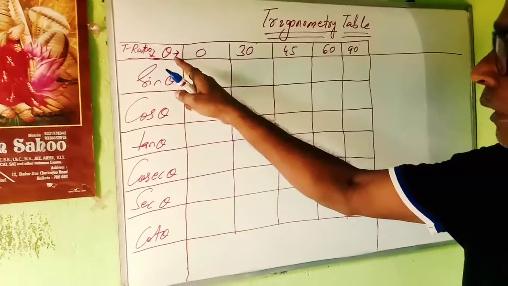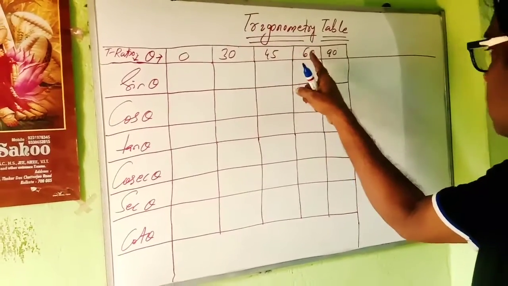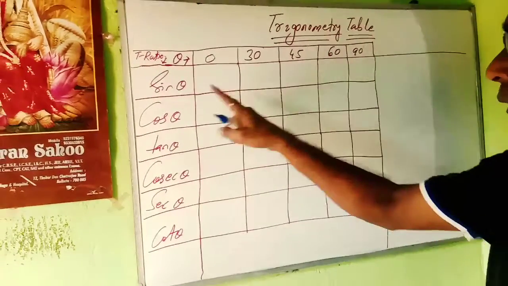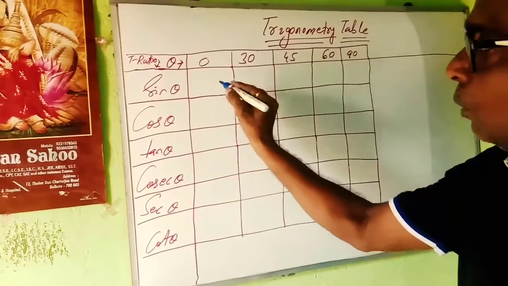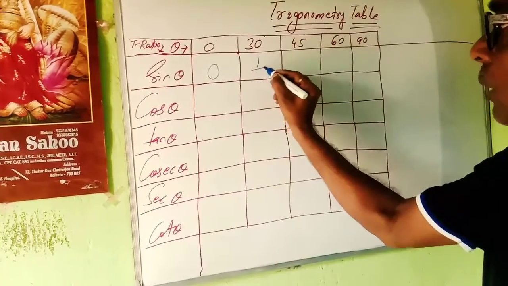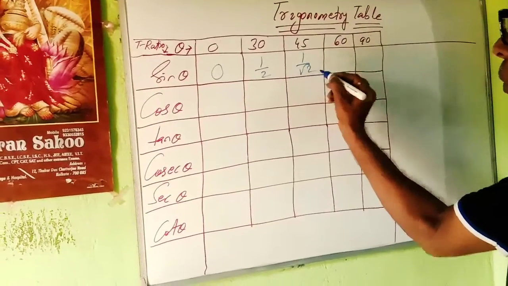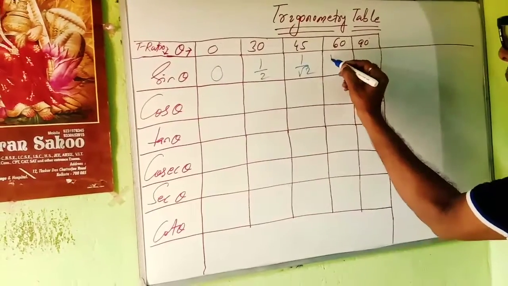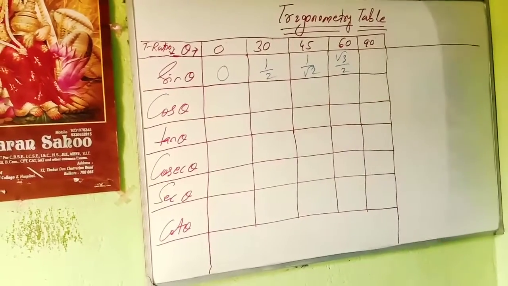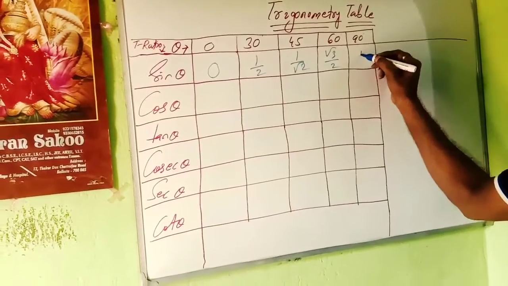Theta here I have taken as 0 degree, 30 degree, 45 degree, 60 degree, 90 degree. Sine 0 equal to how much? Told sine 0, 0. Sine 30, 1 by 2. Sine 45, that is 1 by root 2. And sine 60, root 3 by 2. Sine 90, how much I told? Sine 90, 1. Okay.